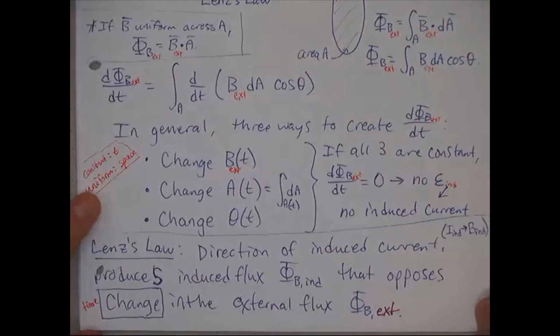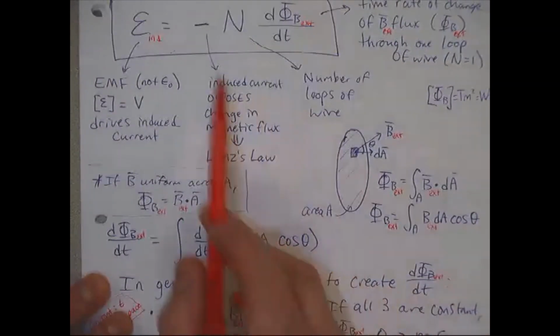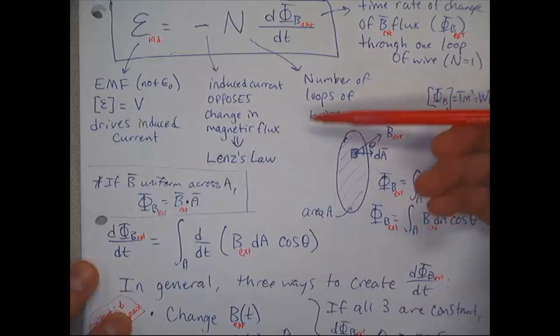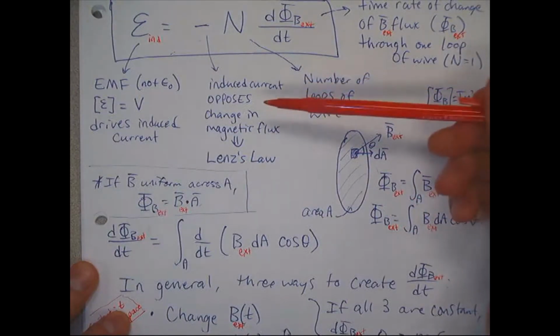Lenz's law, I said, was the minus sign in Faraday's law. It tells you that the induced current must oppose the change in the magnetic flux.